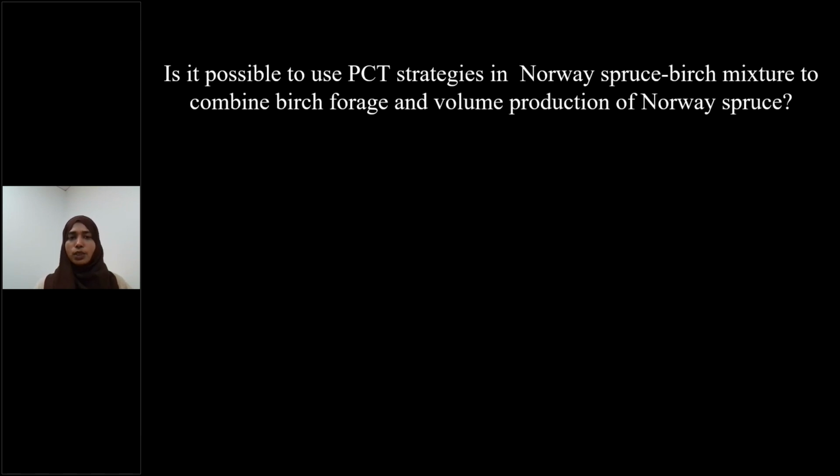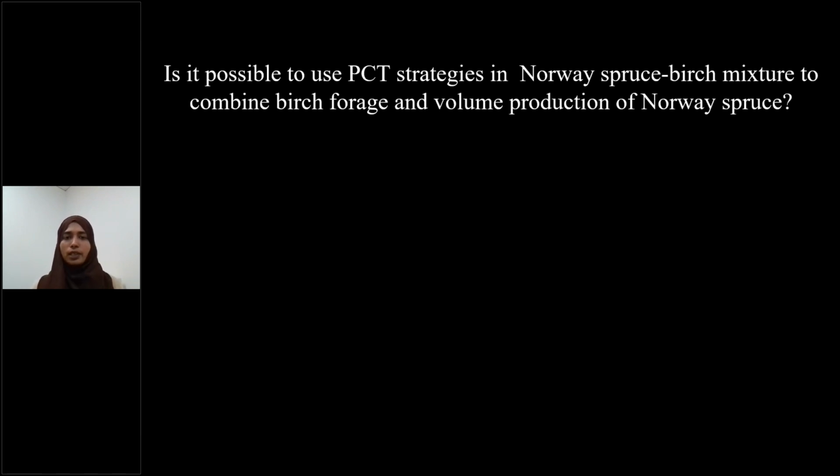And in this plantation, natural regeneration of birch is very, very abundant, sometimes up to 10,000 trees per hectare. They are usually removed during pre-commercial thinning to have a monoculture. But birch is a very good source of forage for ungulates, and it has a higher browsing tolerance than Scotch pine, which is another favorite food available for ungulates.